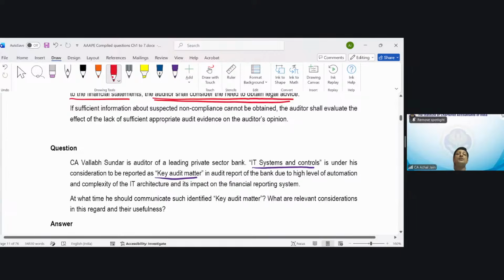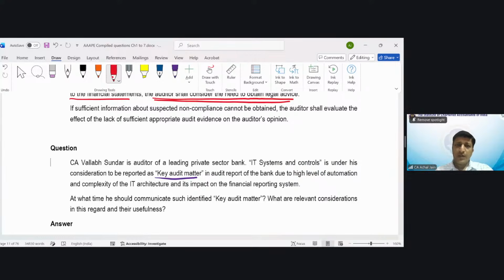C. Vallabh Sundar is auditor of a leading private sector bank. So now we are talking about a bank, so that's the organization. IT systems and controls are under his consideration.